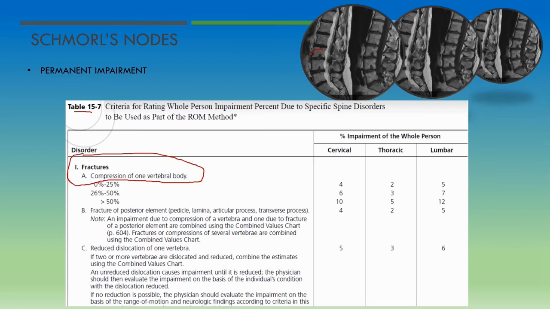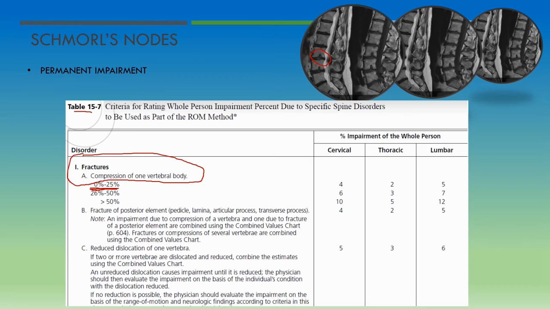And this MRI image shows a Schmorl's node is a fracture through the end plate and into the body of the vertebra. Now typically these Schmorl's nodes are not going to cause any loss of height of the vertebral body, so most likely would fit into the category of 0 to 25% compression of one vertebral body.